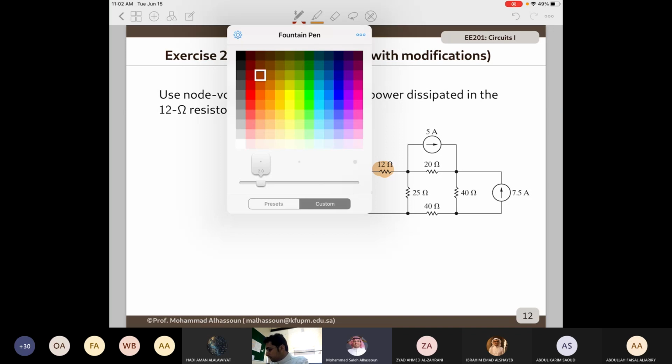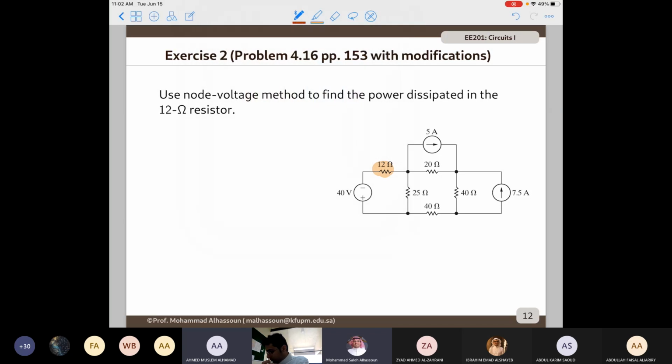We have to select the essential nodes. Okay, what are the essential nodes? In the corner there are 4 essential nodes. This is the first one, the second one on the right, and this one, and this one on the left. So we have 4 essential nodes.